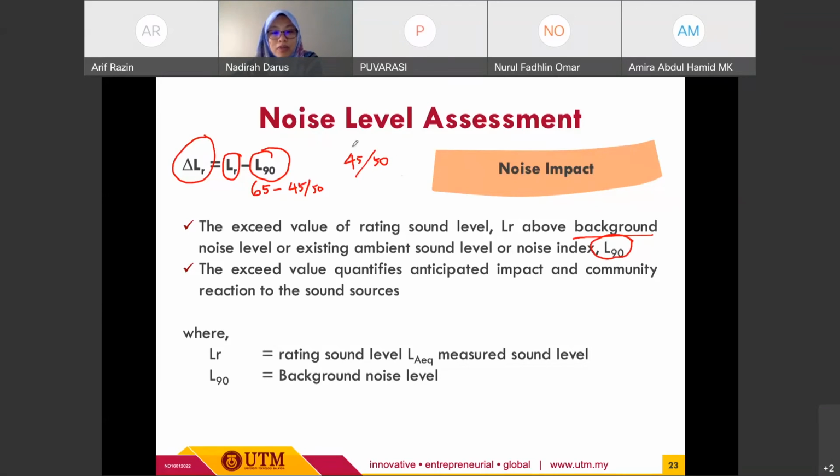Oh, yang ni 45-50 ni common kalau based on measurement, actual punya condition. Contohnya sebelum ni saya dah pernah buat measurement dekat residential area. So kebanyakan kita punya common level adalah 45 hingga 50 lah. Maksudnya kalau dia tak ada involved dengan heavy noise sources, ni adalah common punya ambient 45 atau 50.